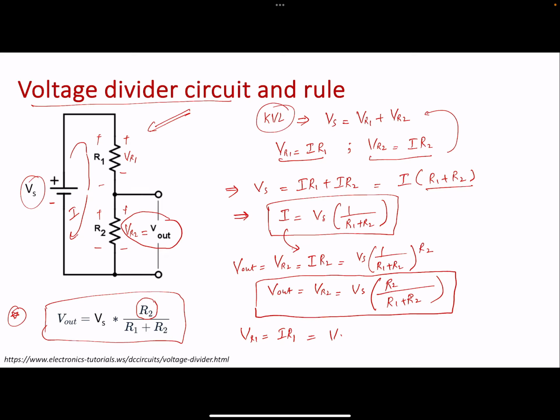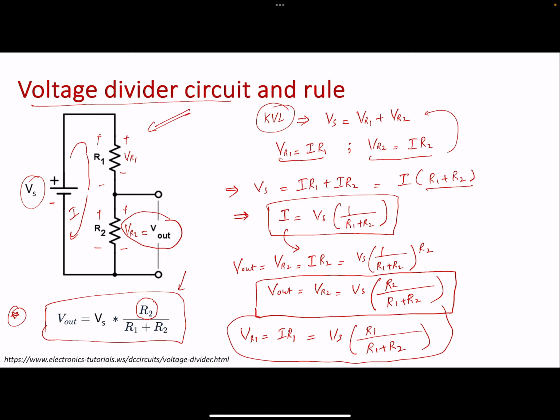It is going to come out to be the supply voltage times the resistance across which we are measuring the voltage, which is R1, divided by the summation of the resistances. So I hope this serves as another good example of how you apply Kirchhoff's voltage law and Ohm's law. In addition, this should show how we get to these equations. We are not going to derive the voltage divider or current divider rules again, and I expect you to remember some of these things.